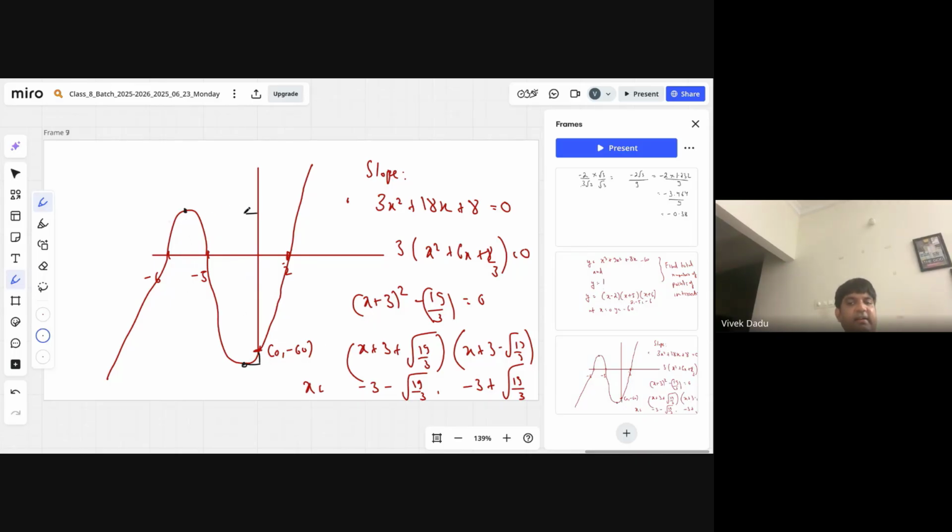Negative x and negative x. But in which case is it more negative? First case or second case? First case, how is it more negative? This is something like lying between 0 and minus 5. And this is lying between minus 5 and minus 6. So in which case is it more negative?